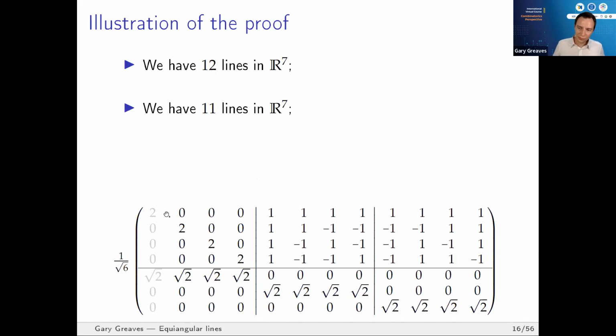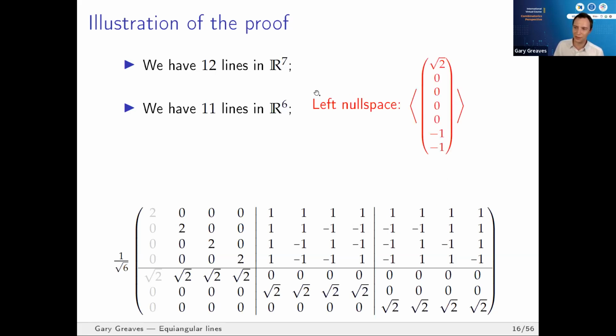But all of these vectors are now orthogonal to something. So can you see a vector that's orthogonal to all of these vectors? So it's not so easy to spot this. So I'll show you that my claim is every vector here is orthogonal to this vector.